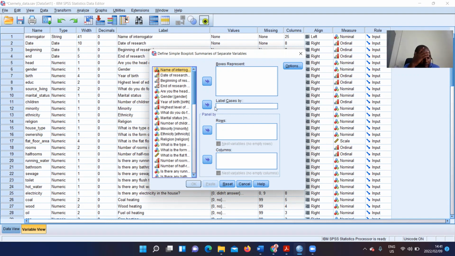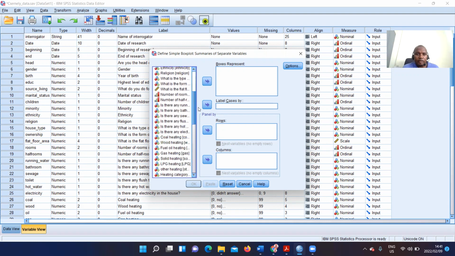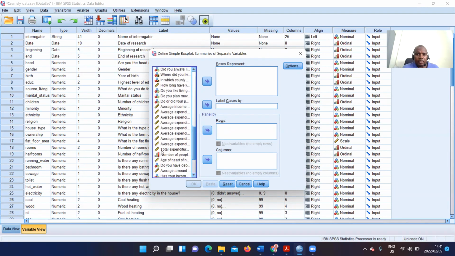And then it gives us that box plot dialog, where the chart editor wants us to choose the variable. It might be total expenditure, for instance. We can even take average expenditure, ladies and gentlemen. And then we just click OK.